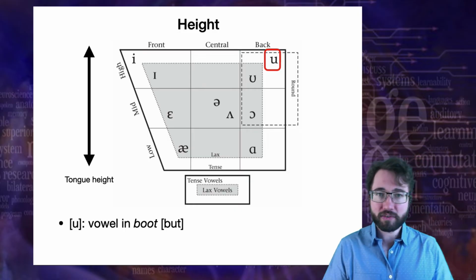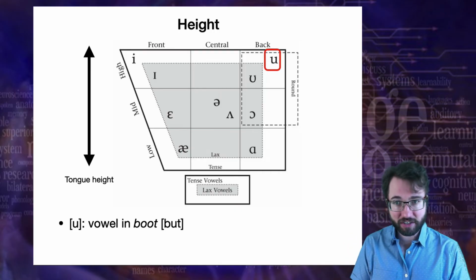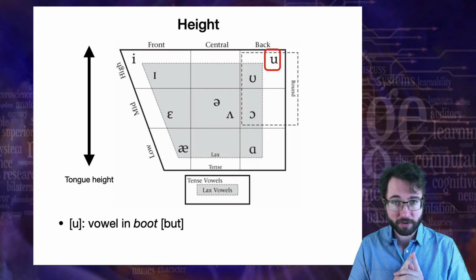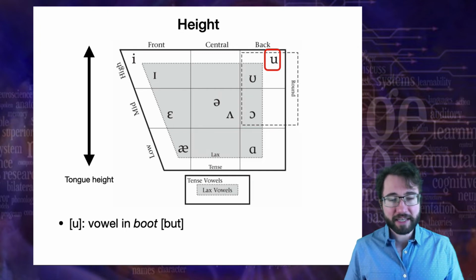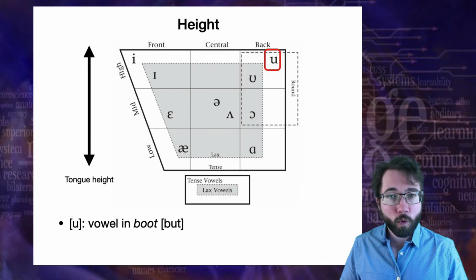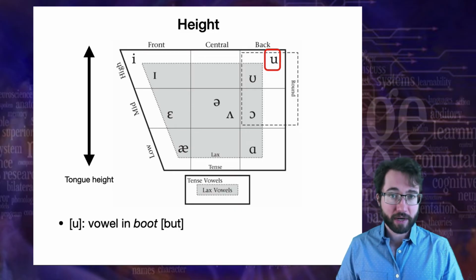The oo also has a feature that we call lip rounding. So notice that in this chart, there's a little box that says round that indicates the vowels that have what's called lip rounding. Lip rounding means that as you are articulating a vowel, you're rounding your lips. So when you say oo, you can feel, you can see, that you're rounding your lips.